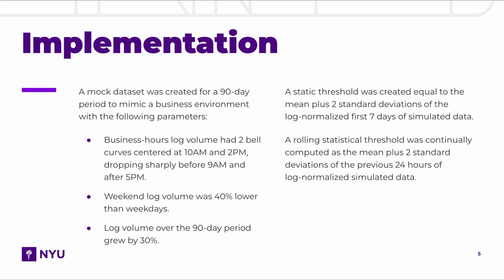So it evolves every day. Technically, every 15 minutes that this runs, it is a different threshold. It's still computed as the mean plus 2 standard deviations, but it will react to the data as it sees it within that 24 hours.